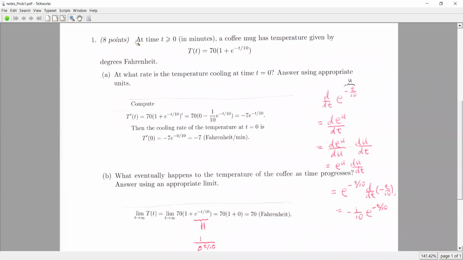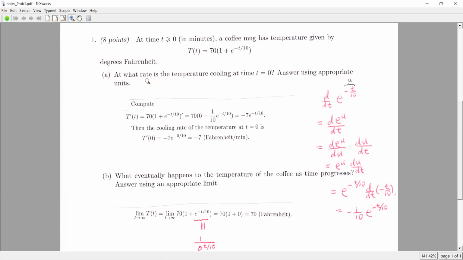Problem 1. At time t, a coffee mug has temperature given by this function. Part A. At what rate is the temperature cooling at time t is 0? Answer using appropriate units.